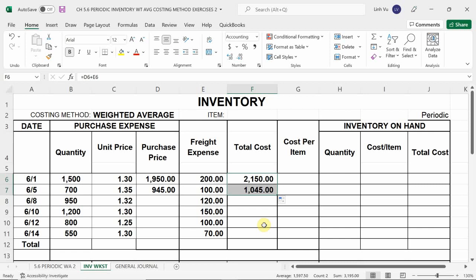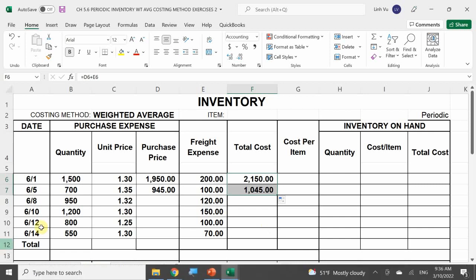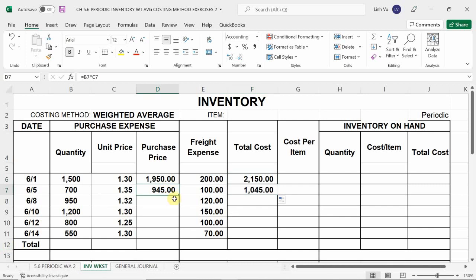Okay. Then on June 8th, we ended up buying 950 units at $1.32 with the freight of $120. What's my purchase price here? 1,254. Okay. Plus 120.